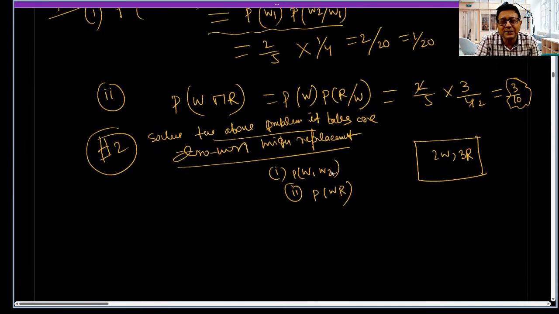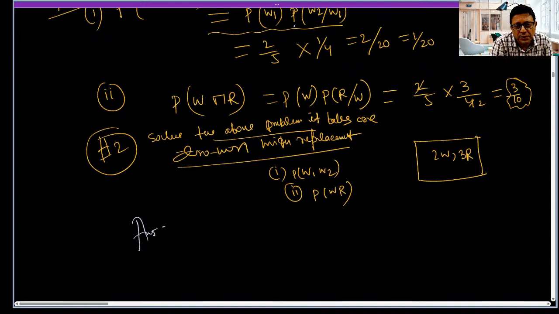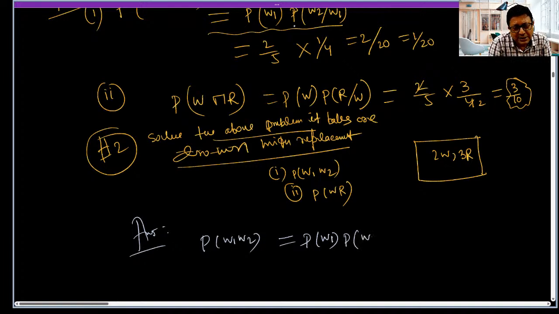So we will use the multiplication rule again, solving it here. We have to write P(W1, W2): first one white, second one white, under the condition first one taken white. Clear? First one white, what's the probability? 2 by 5.